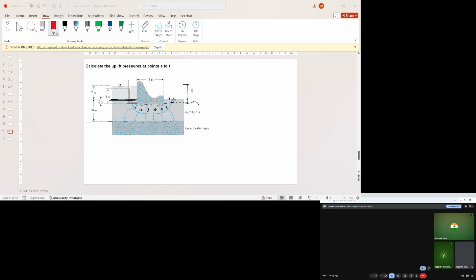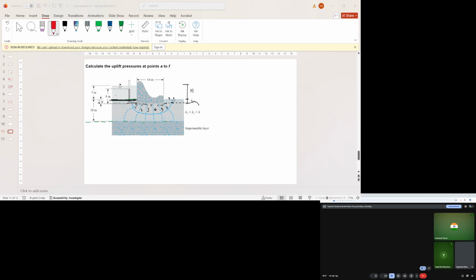Pore water pressure is related to which head? Pore water pressure is nothing but pressure head.